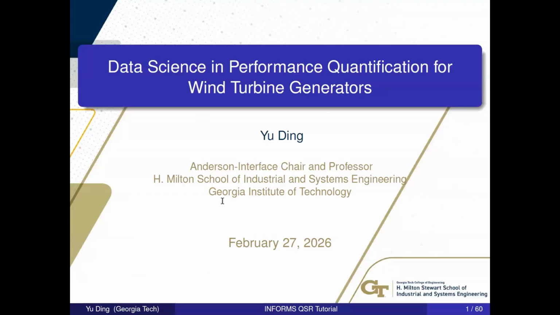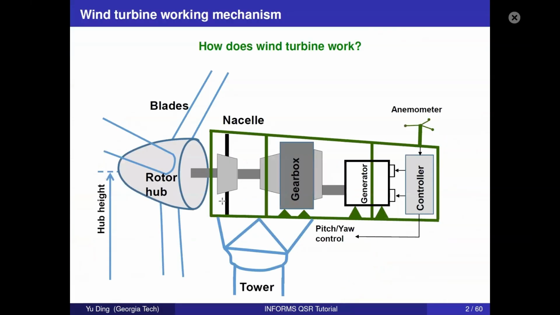Before we get to the technical work, I just want to provide a little background on how the wind turbine works. The wind turbine actually looks pretty simple from outside. You see a tower, you see the blade, and then you see a box behind that, which includes pretty much everything.